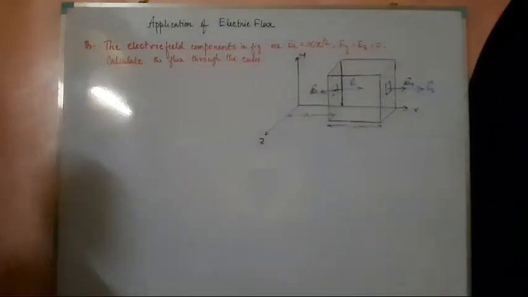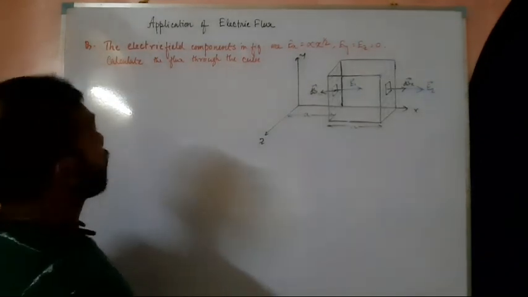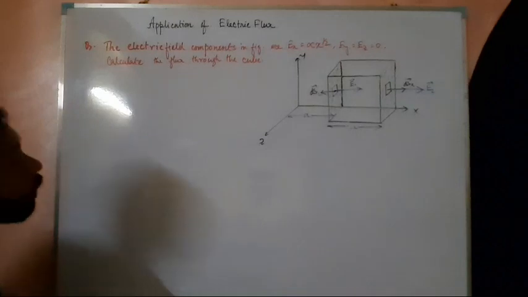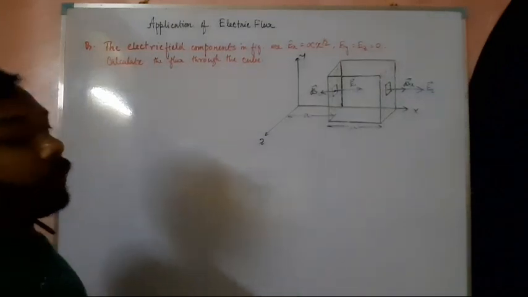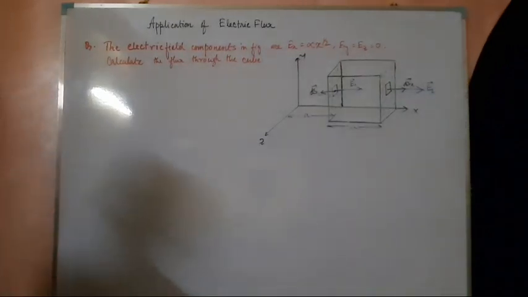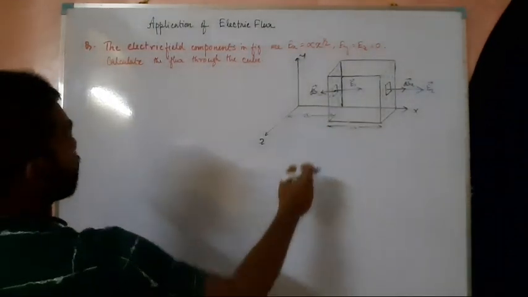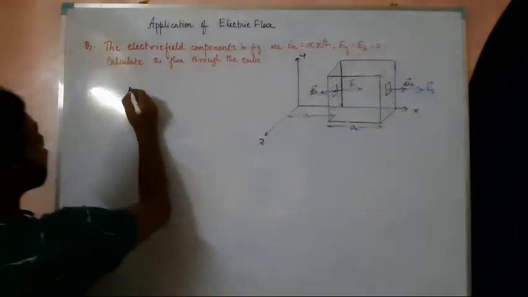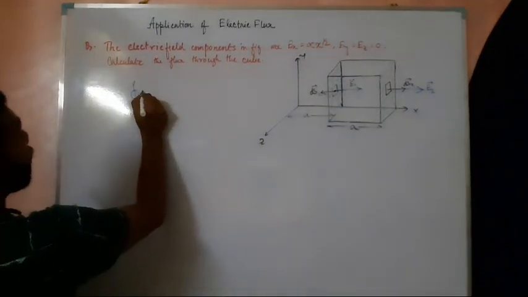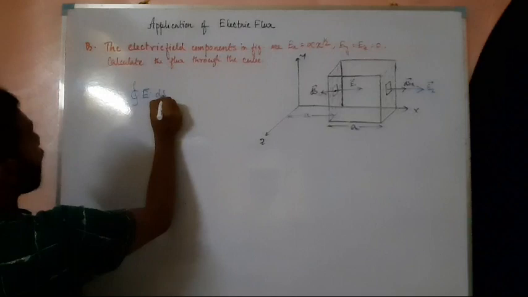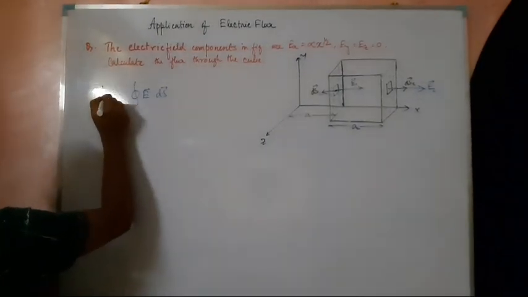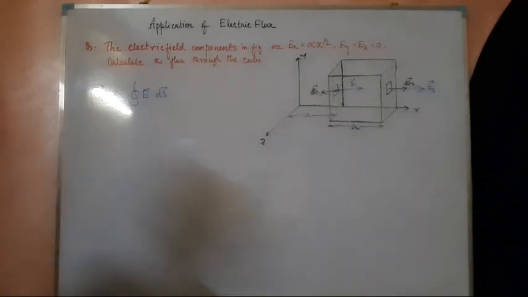We have to find the amount of flux through the cube. We know the formula for finding the electric flux, and since the cube is a closed surface, the formula is the closed integral E dot ds. Phi, the flux through the cube, is given by the closed integral E dot ds.